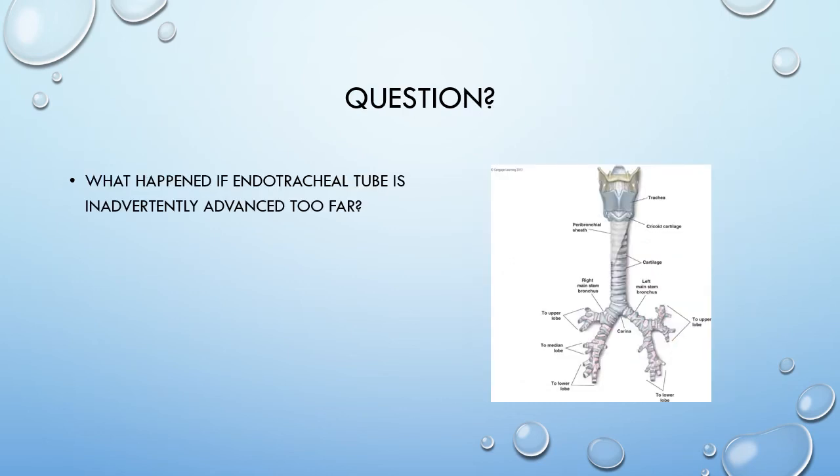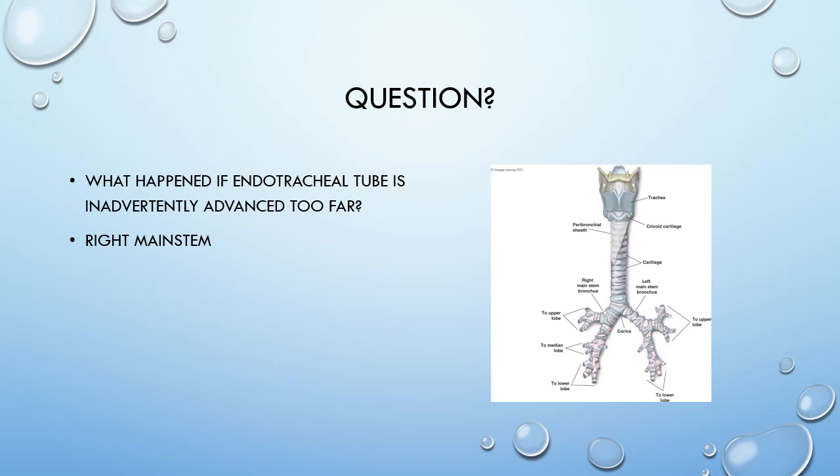Okay, so what happens if my ET tube is inadvertently or by accident advanced too far? And it happens all the time out in the field and in the ER. Where does it go if it goes in too far? Well, it'll direct itself because of the way the right main stem is a little bit higher and the slant's a little bit different.